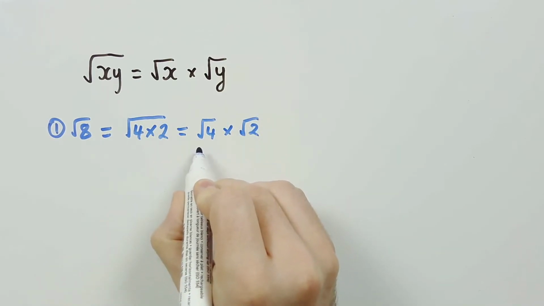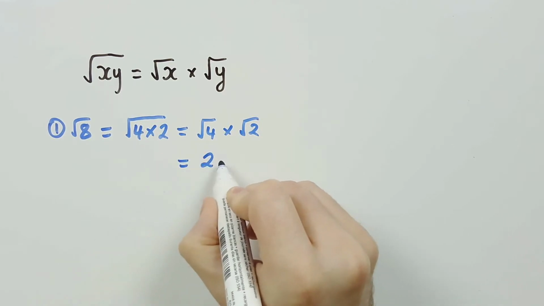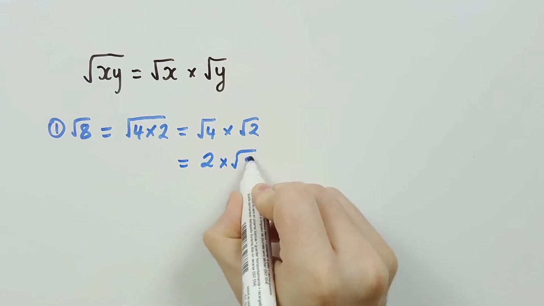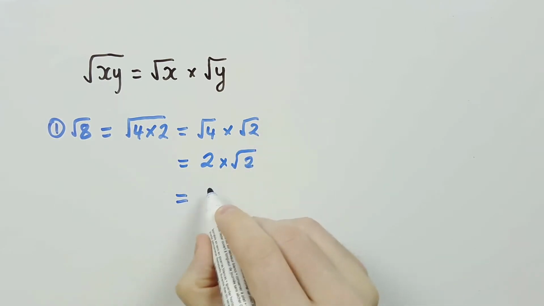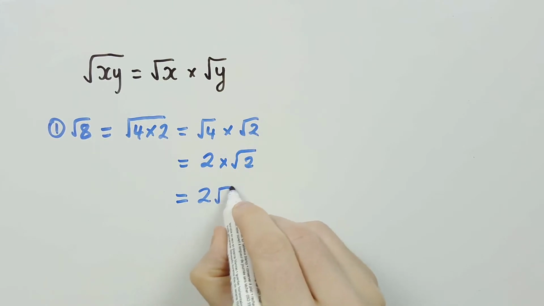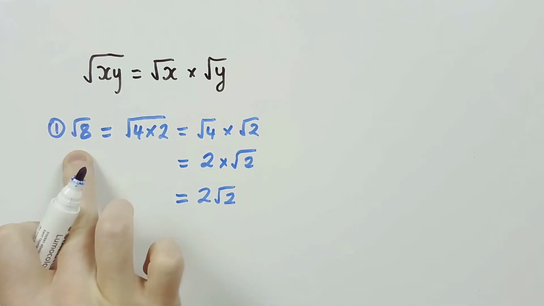Then we can reduce square root of 4 into 2, and we're left with 2 times square root 2. Or, as we'd write this in surds, just 2 root 2. So that's the simplest form that we can represent square root of 8.